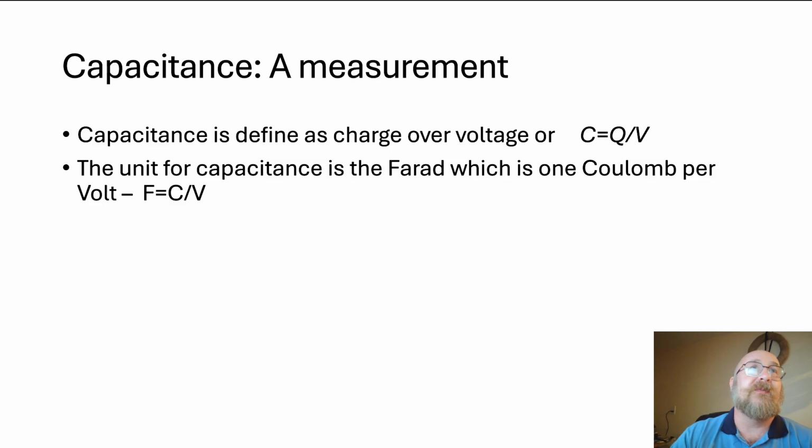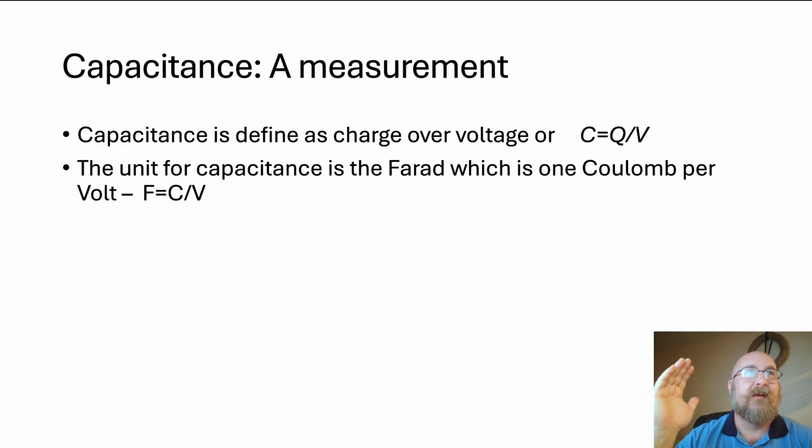Capacitance is defined as charge over voltage. So C for capacitance is Q divided by V. Q is our symbol for charge, and V is voltage. So the unit for capacitance is the farad, which is 1 coulomb per volt.